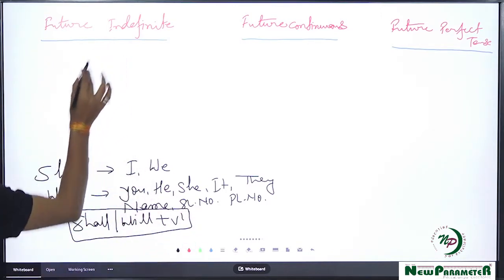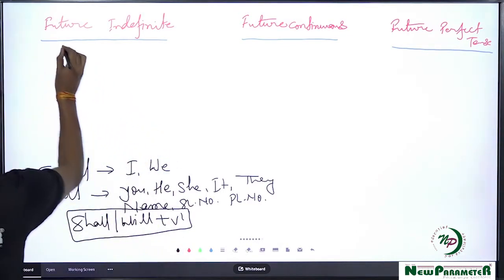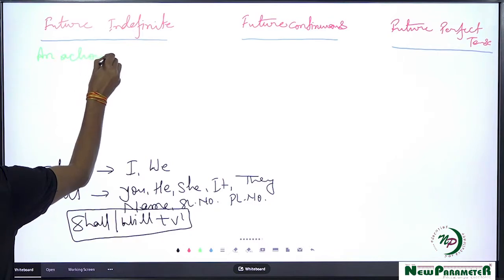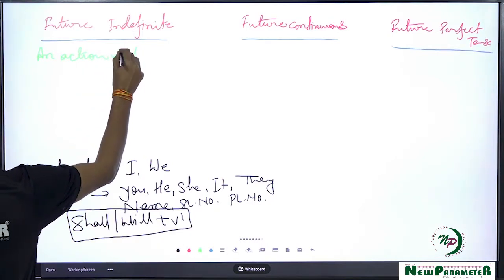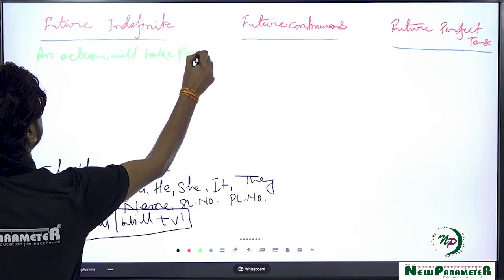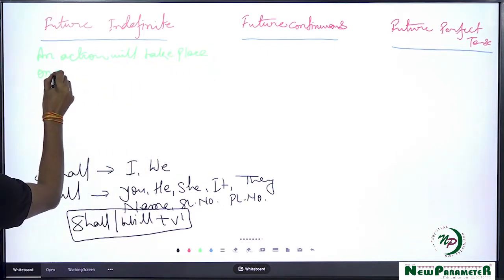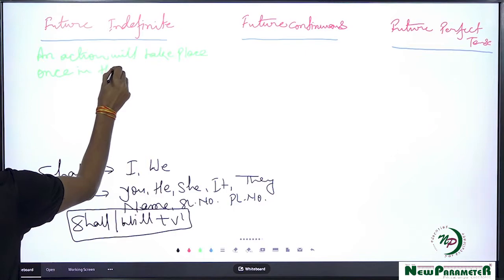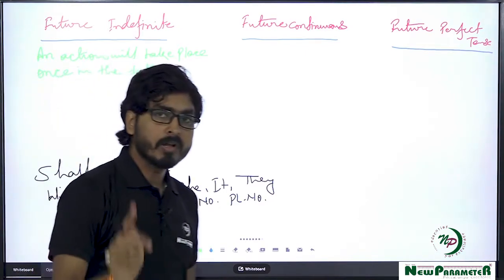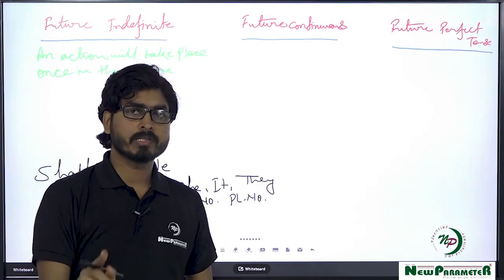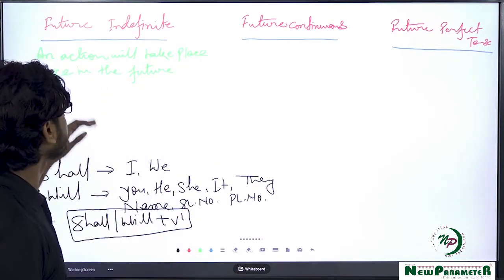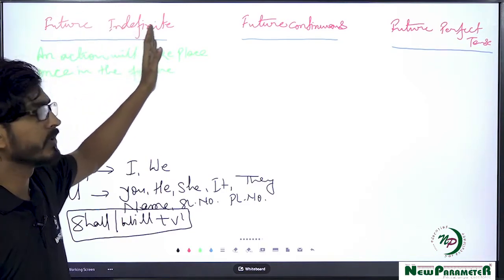What happens in future indefinite tense? It tells an action will take place once in the future. Only once the action will take place in the future will be in future indefinite tense.